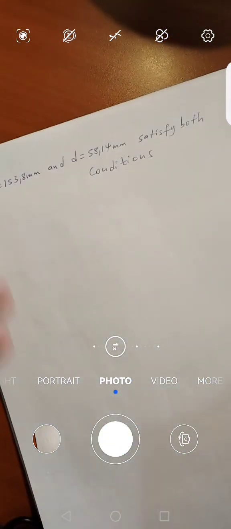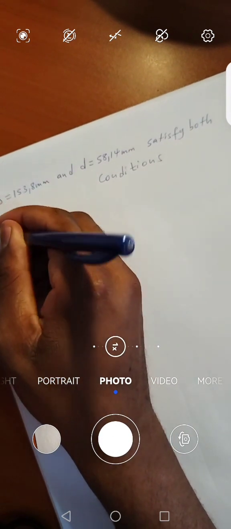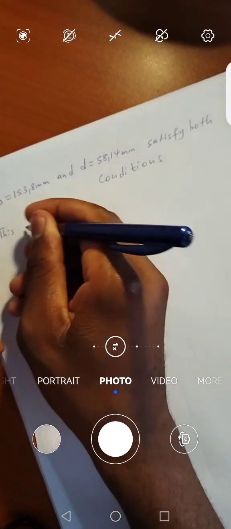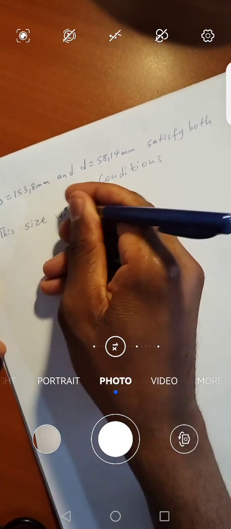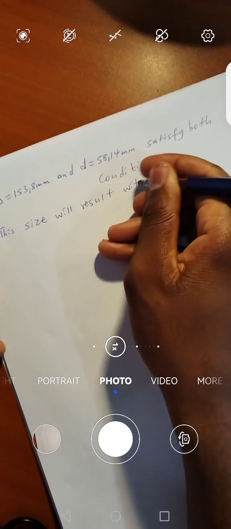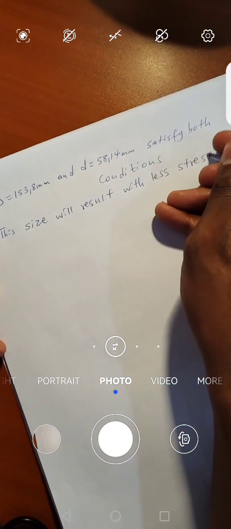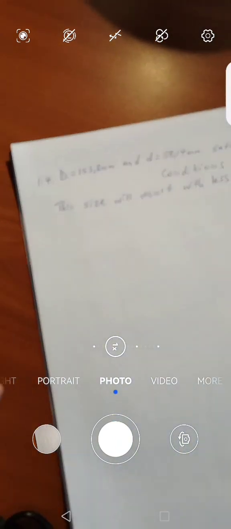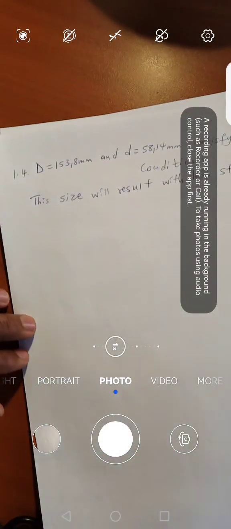So we can give the reason that this size will result in less stress. So that's why we choose this. Yeah, so that's it. Thank you.